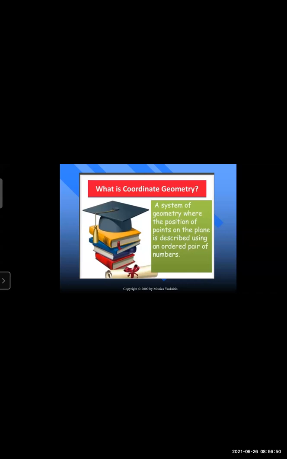Okay, so it is defined as a system of geometry in which we arrange the points on a plane in such a way that they look like an ordered pair. In the figure there are a few books arranged in a proper way.